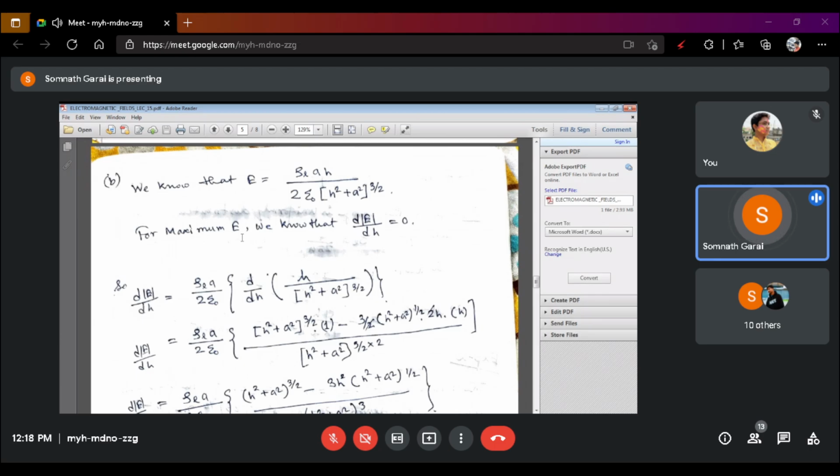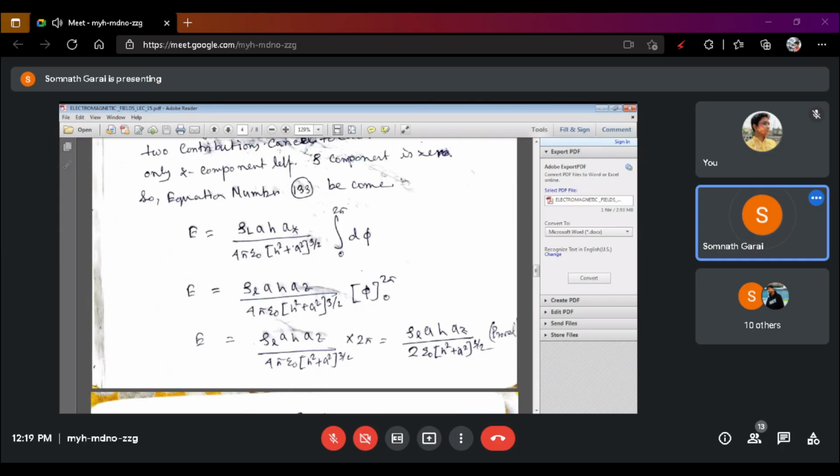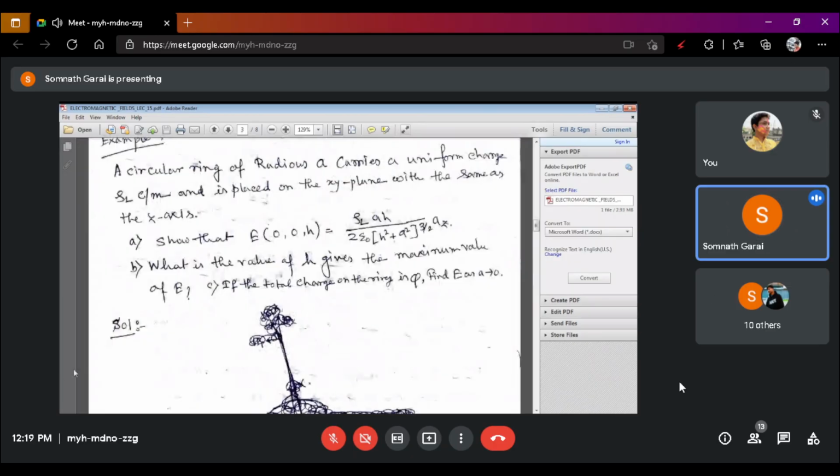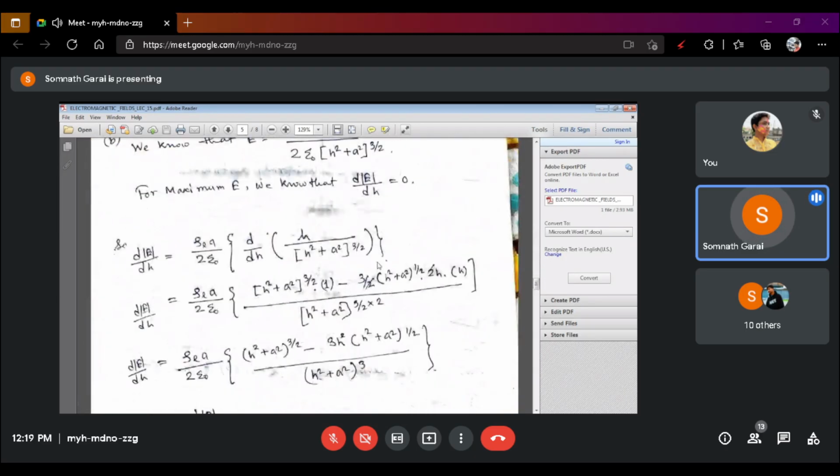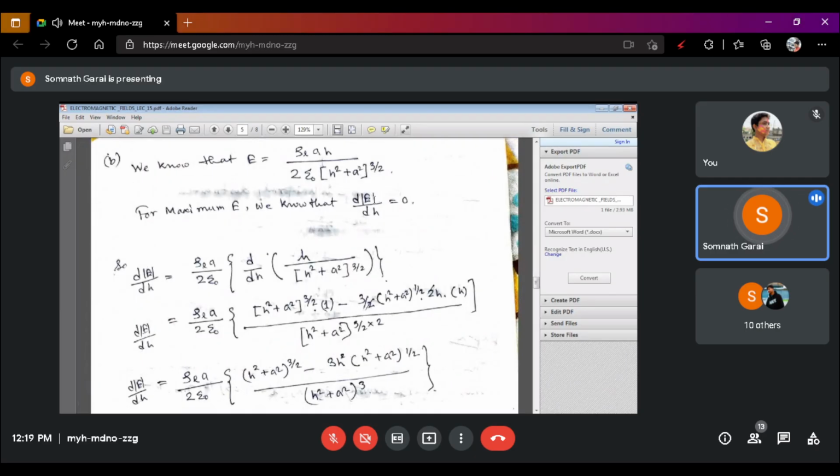That's why, to calculate the maximum electric field intensity E with respect to H, we have to calculate the value of H for the maximum value of E. That's why we take the first differentiation, dE by dH is equal to 0. It is according to the maxima-minima formula.